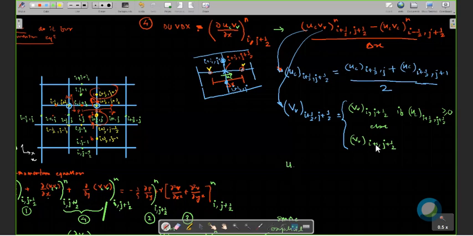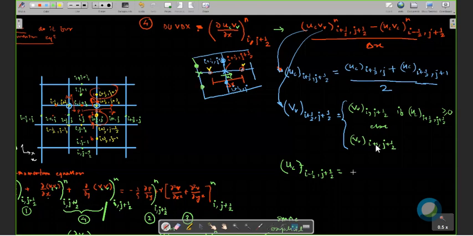Similarly, this one. Here the convective velocity at i minus half, j plus half is this one. At this you have to take this point and this point. Okay.